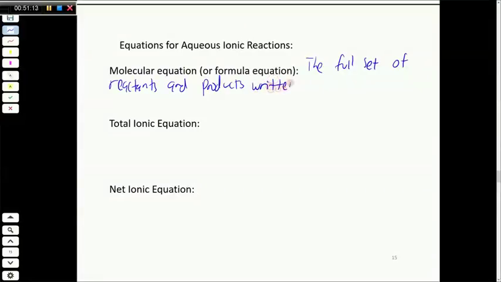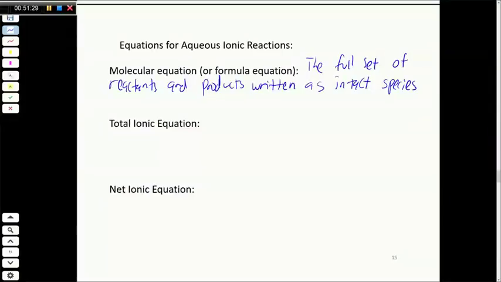So we write all the reactants and products as intact species. We don't separate them for the molecular equation or the formula equation. A couple ways of saying that, but it's the full equation with the identities of all the reactants and products.